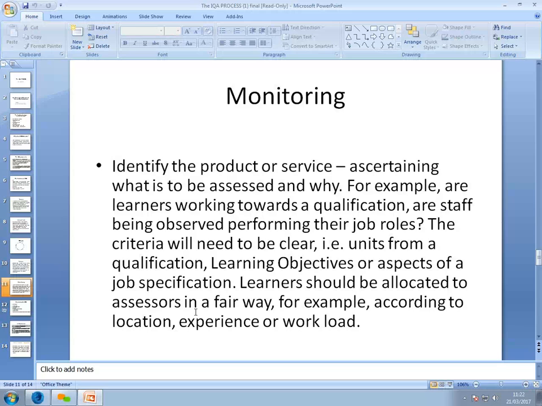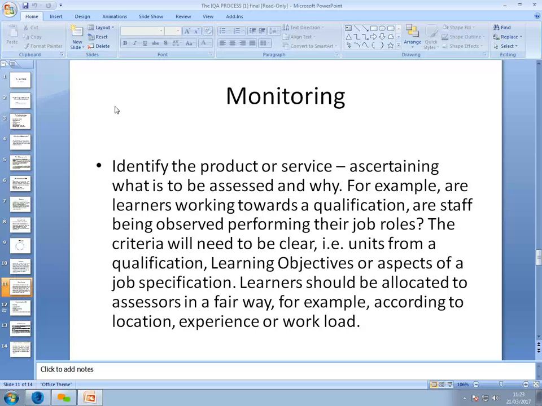That's an important fact. If you overload an assessor, it can create real problems. Most people take on work when they're asked to, without giving it too much thought. For NVQ assessors, which I was mainly involved with, the optimum number, really the maximum number, is 40 students.